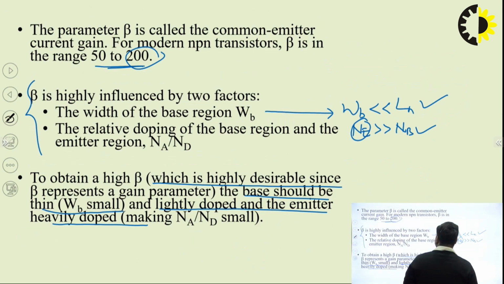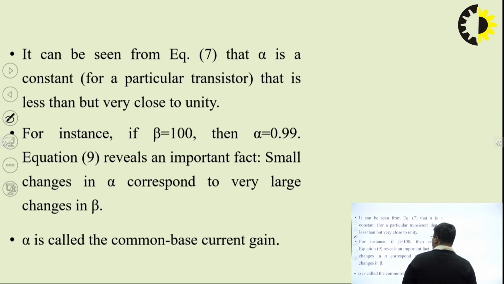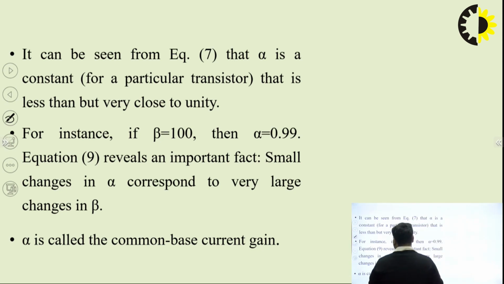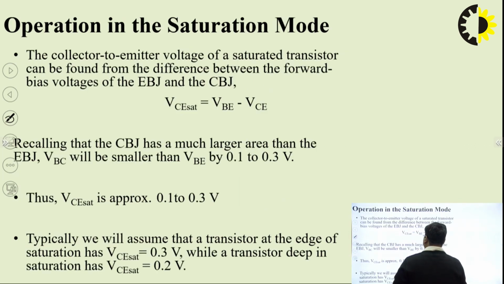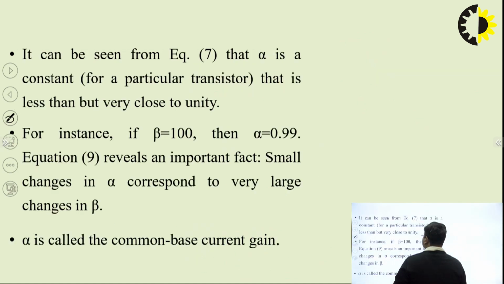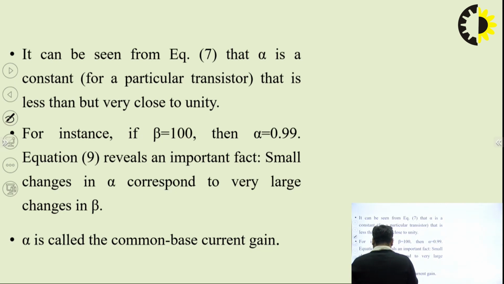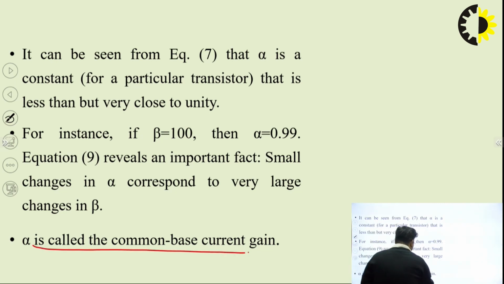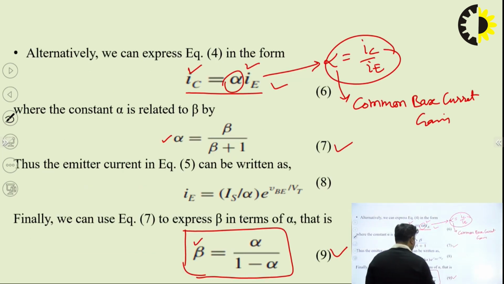So we need to maximize the value of alpha, and for the ideal transistor, beta should be greater than 100, that is 200 or more, and we need alpha to be 1. Alpha is called common base current gain, and beta is known as common emitter current gain. So this is the relationship between beta and alpha. Beta should be high and alpha should be unity.